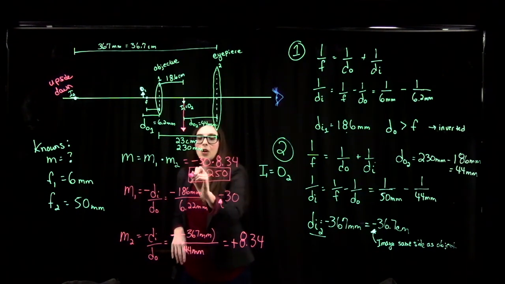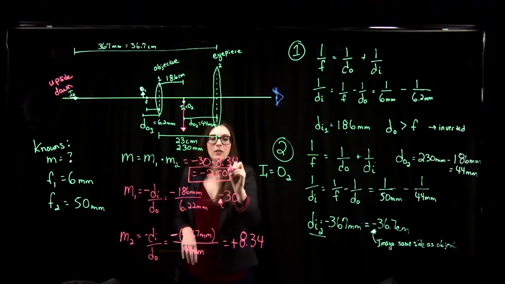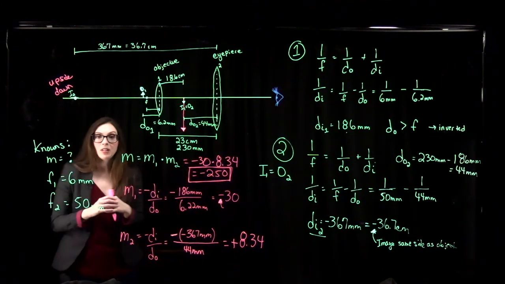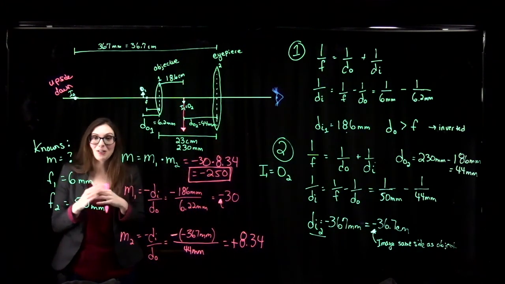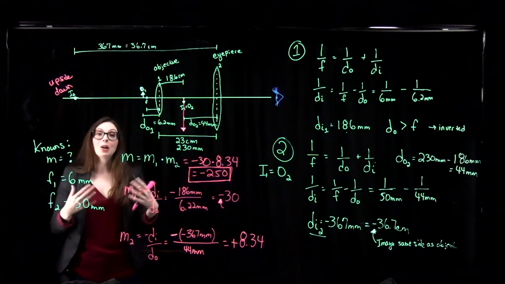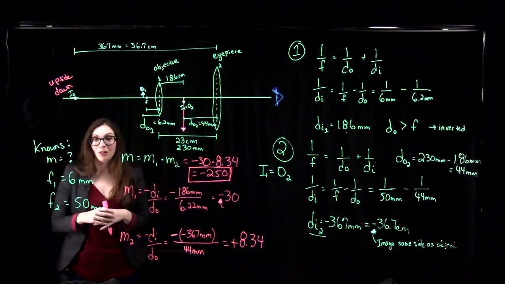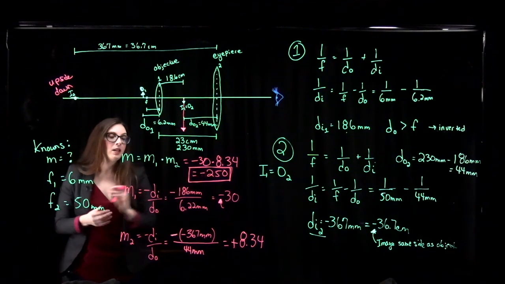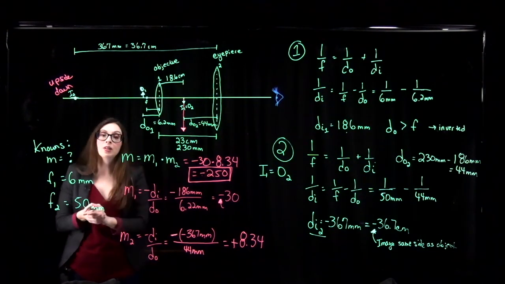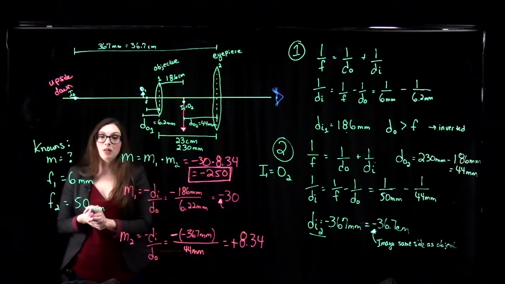So the total magnification that I can get with this microscope is 250. My image that I'm going to see with my eyes is going to be 250 times larger than my original object. This minus sign means that the image I'm going to view with my eyes is going to be upside down compared to the object.